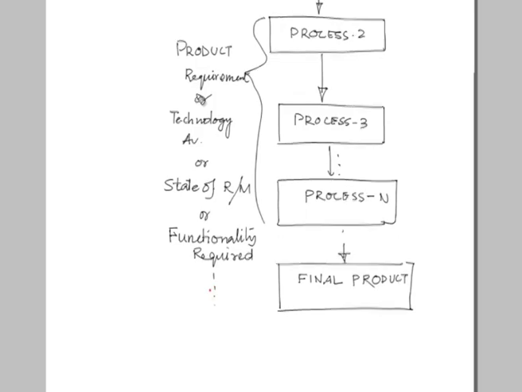These are some of the major factors that will govern how many processing stages a particular raw material should go through to come to the final product stage, like here.